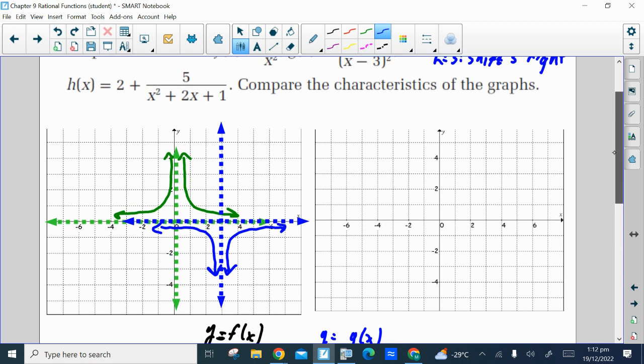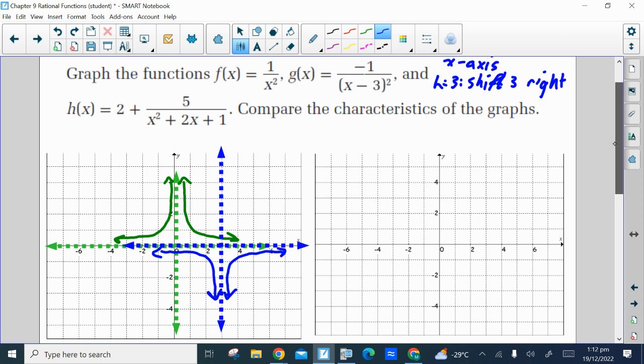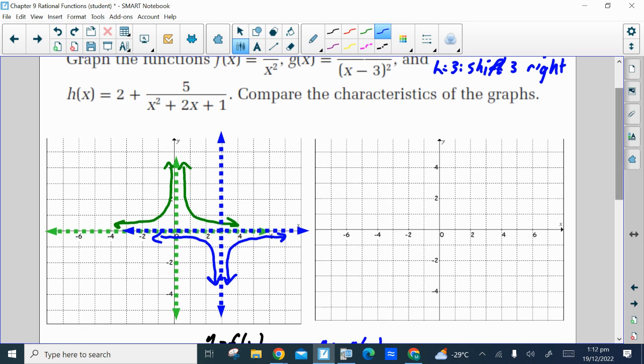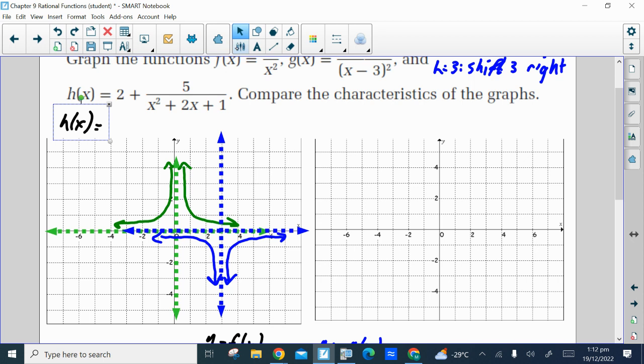And so now we're going to compare f at x and h at x. So again, for h at x, we will rewrite that in a different form. So that 5 over top will stay the same, but that tells us that a is 5.